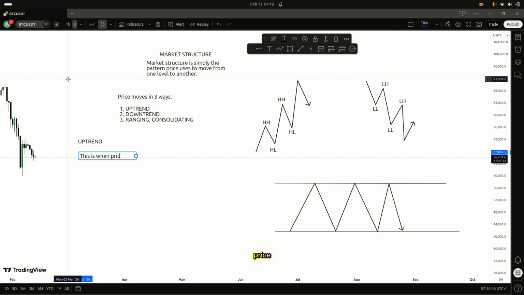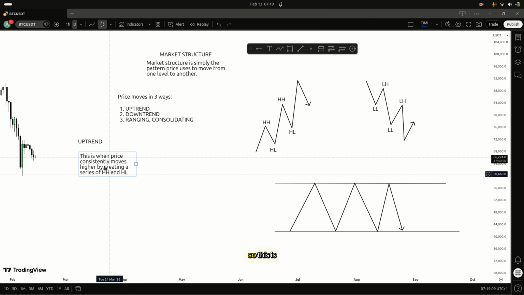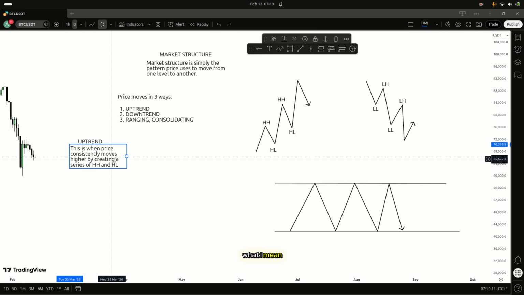This is what I mean by price being in an uptrend.